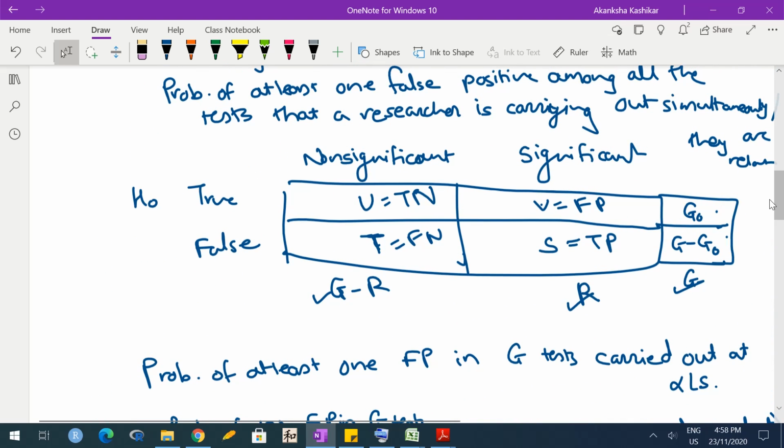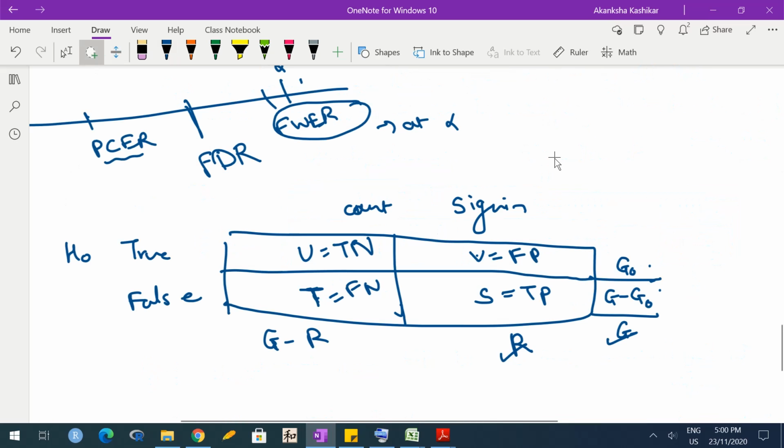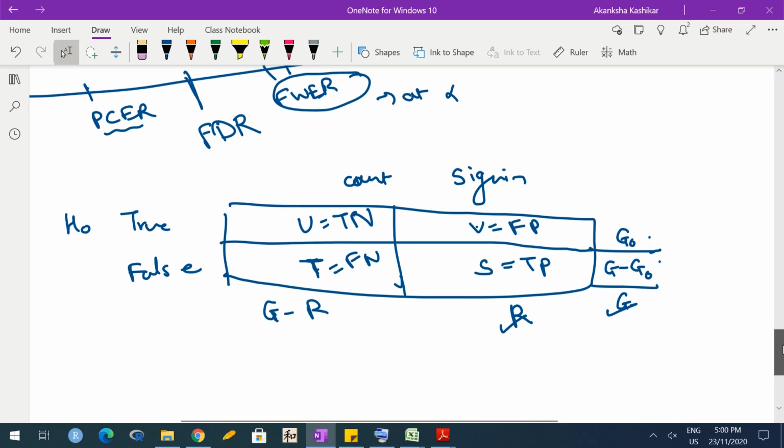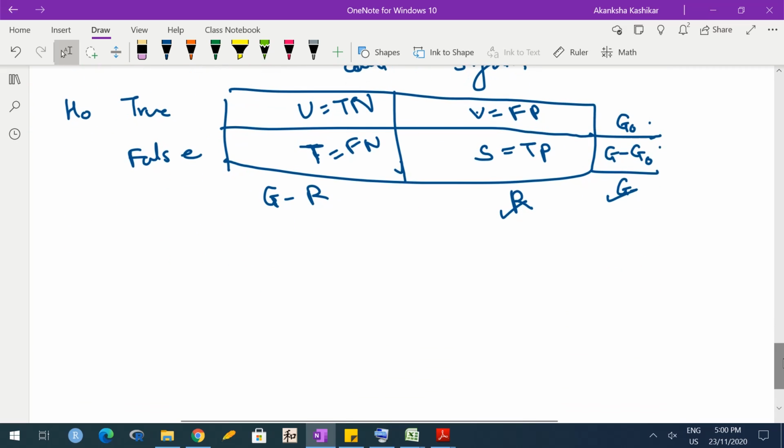Per comparison error rate means, out of the total tests, what is the number of false positives. So let me try to take this table. Per comparison error rate is the probability of a false positive in the total number of tests.